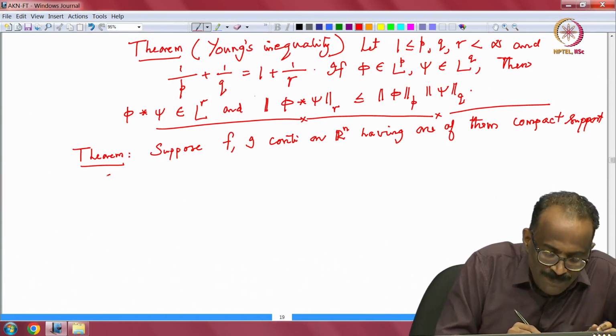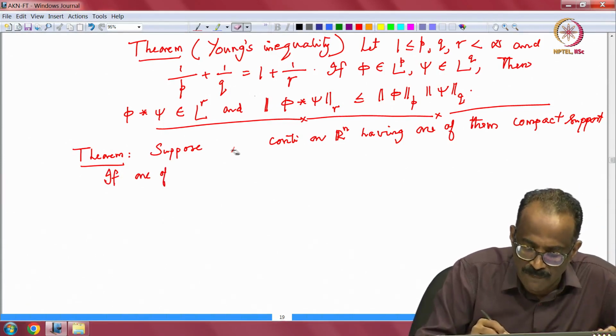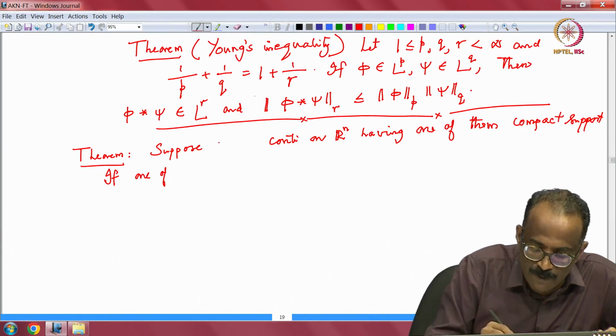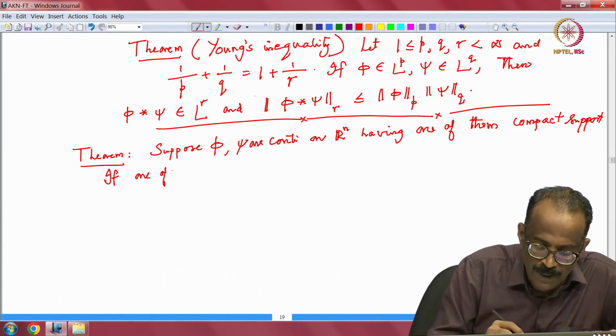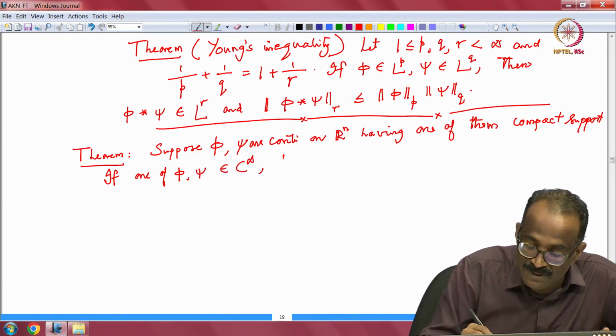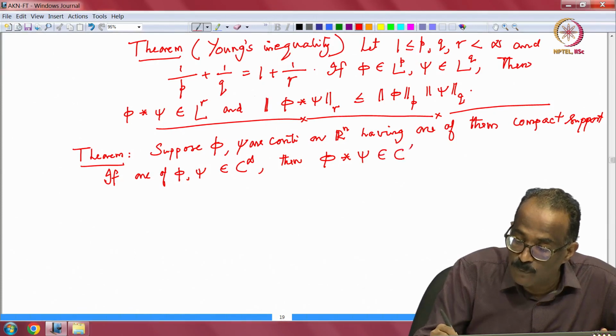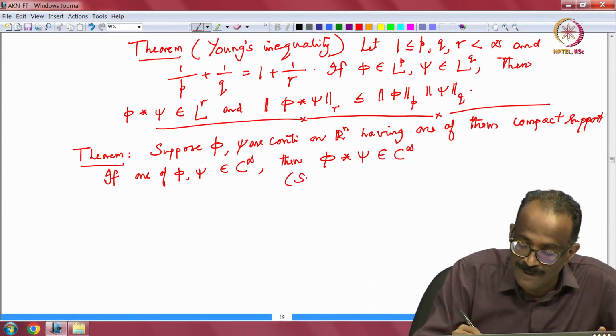So, maybe I will use F and G all the time, phi and psi, because we are using that. Phi, psi are continuous. If one of phi, psi, both can be, is C infinity, then you see phi star psi is C infinity. So, it is smoothing; this is called the smoothing effect.